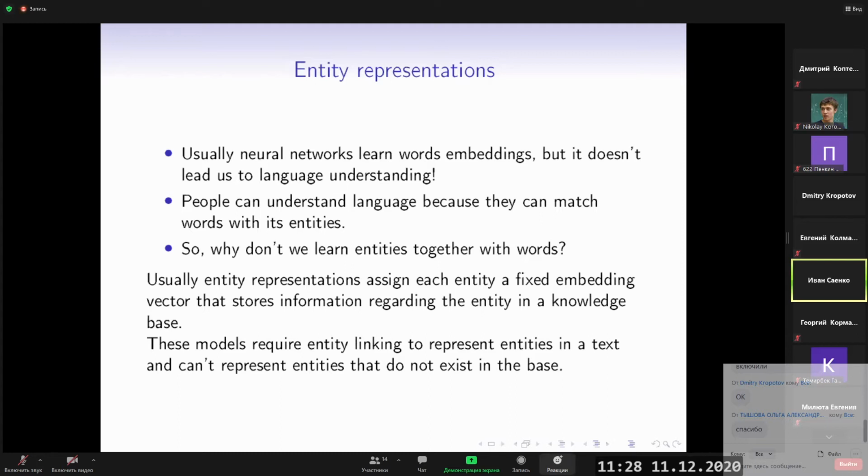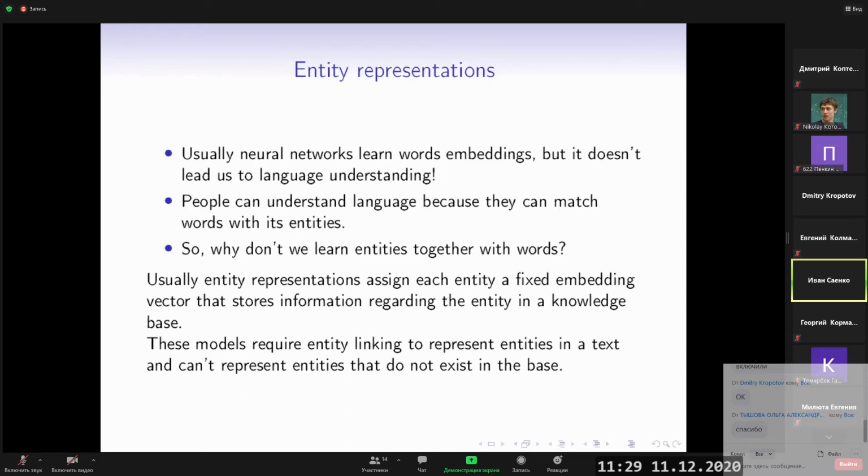But usually neural networks learn just embeddings for words, and it doesn't really lead us to some understanding of language. Of course, there are some models which try to learn entities, but usually we learn a fixed embedding vector, and there is a base of these vectors.